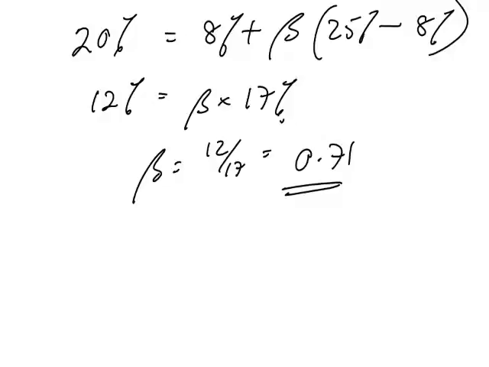Well, I said in practice they publish betas, and effectively they do it that way. They say, well, we'll assume it all works. And assuming it works, if we've got a share giving 20 and the stock exchange is giving 25, well, it must mean its beta is 0.71. You agree?